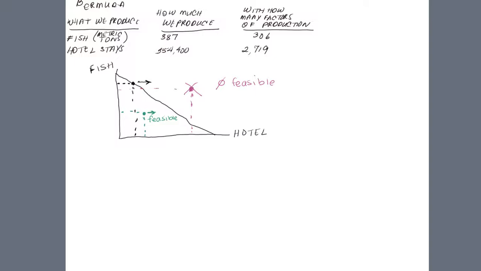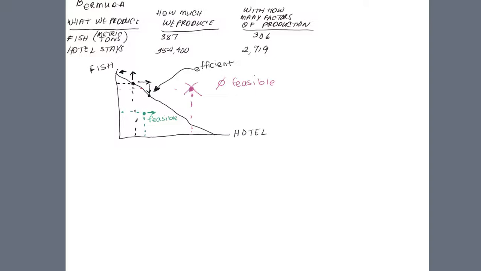If I want more fish, I have to give up some hotel stays to get back on the line. Everywhere on this line, we say our production points are efficient. We cannot get more of one good without giving up some of the other. So that's where this problem is going to try and get us to go.